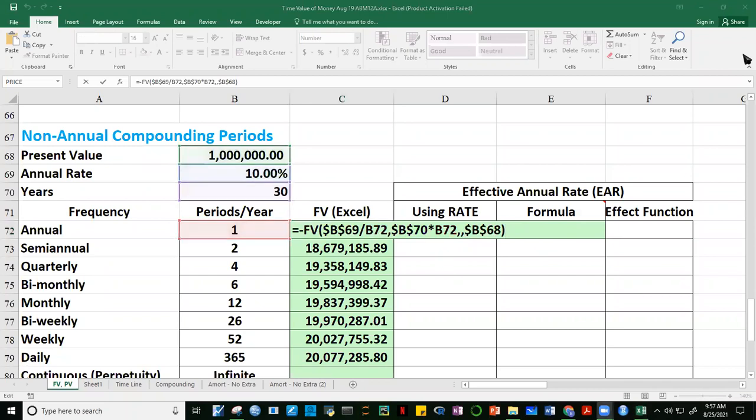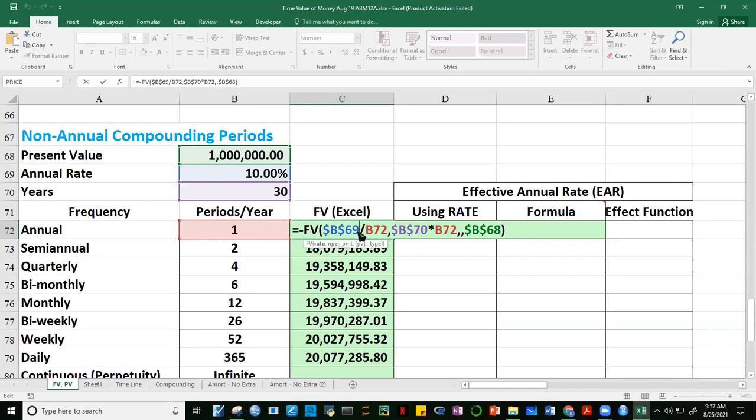Yes, sir. I used the dollar sign so the values of the present value, annual rate, and years are fixed. Okay, correct. So Marco's formula was right, but we have to fix these amounts.